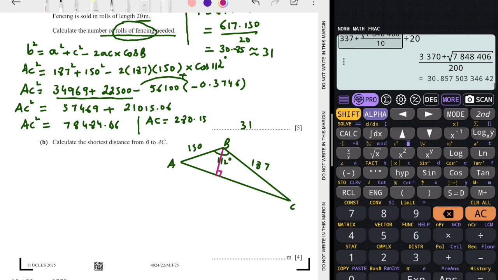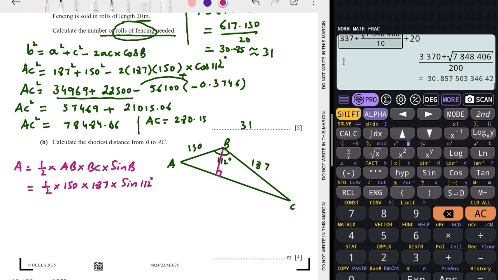For this purpose, first of all, we need to find the area of triangle ABC, that is 1 by 2 into AB side into BC side into sine B. So 1 by 2 times 150 times 187 times sine 112.